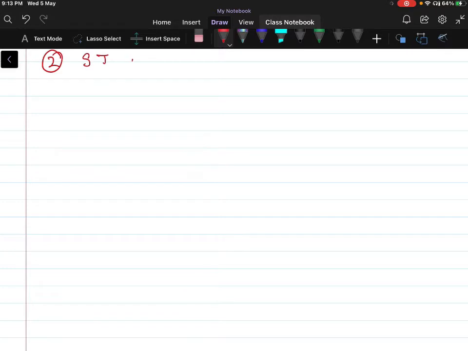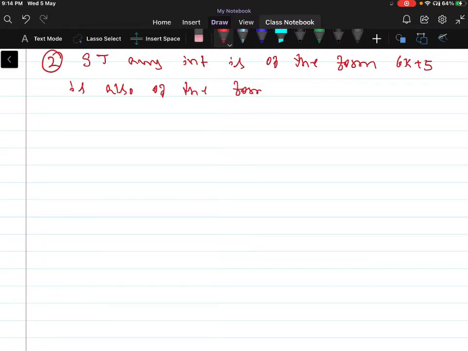Show that any integer of the form 6k plus 5 is also of the form 3j plus 2, but not conversely.